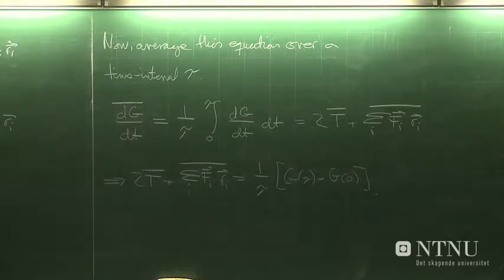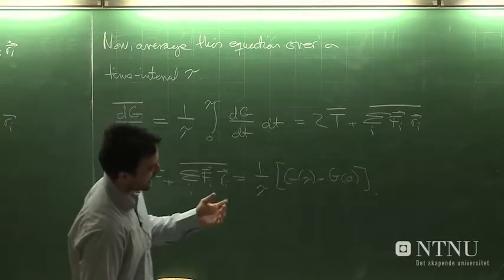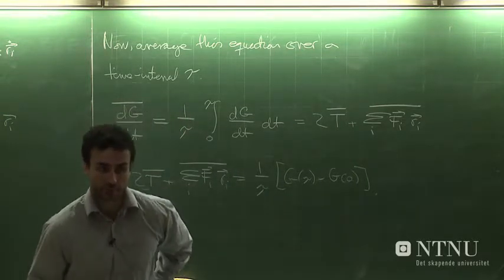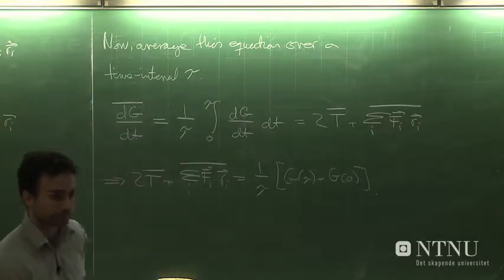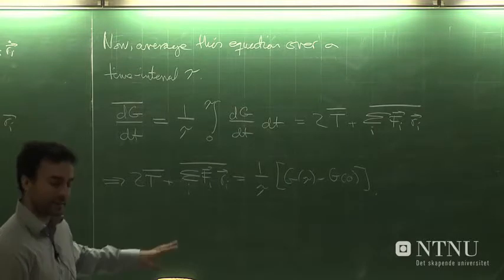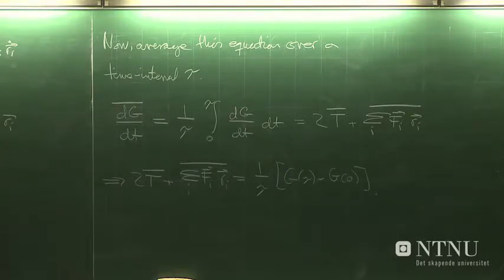And now we can actually make a useful observation. My claim to you is that this right-hand side can be 0 under some specific circumstances. So when is this right-hand side equal to 0? Can you see any scenario where this is the case?